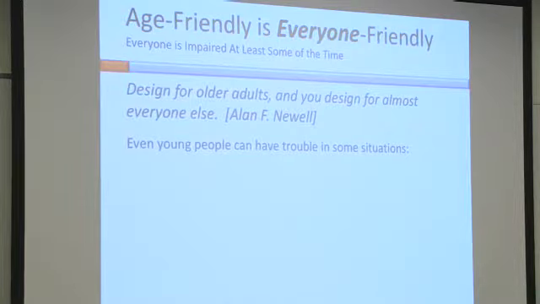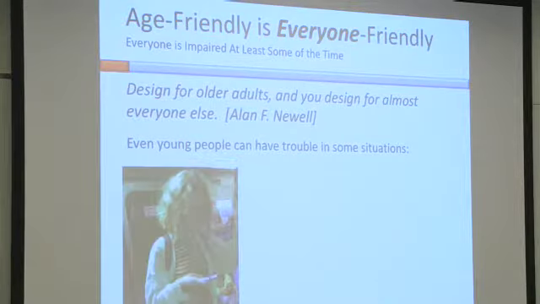And so even young people can have trouble in some situations. One way of putting it is that we are all disabled or will be at some time. Not only will we be at some time in the future, but we also can be temporarily disabled by certain conditions. So let's say we're on a bus trying to use our cell phone, and the bus is bouncing along Masonic, right? Masonic is all torn up right now.